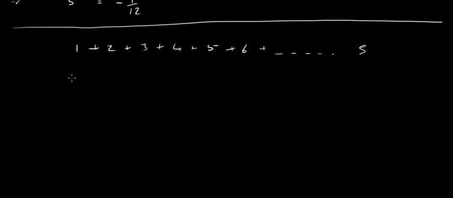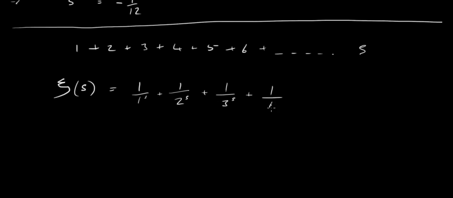And this is this function here. It's a function in S, and it is 1 over 1 to the power of S plus 1 over 2 to the power of S plus 1 over 3 to the power of S plus 1 over 4 to the power of S, and so on.